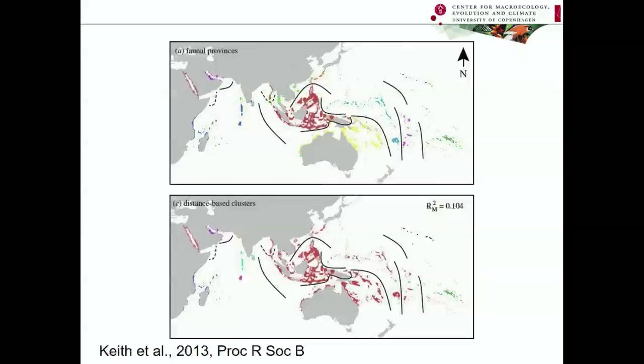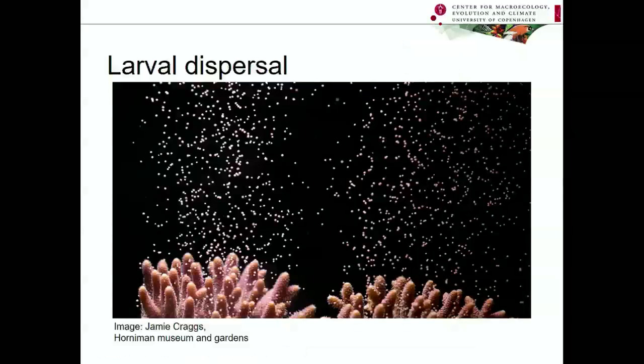So this could mean that dispersal isn't very important in generating biogeographical patterns in corals, or it could mean that the proxy is not great. But unfortunately, this has been one of the most commonly used proxies, I would say, in investigating dispersal, but that's because dispersal is really hard to measure.